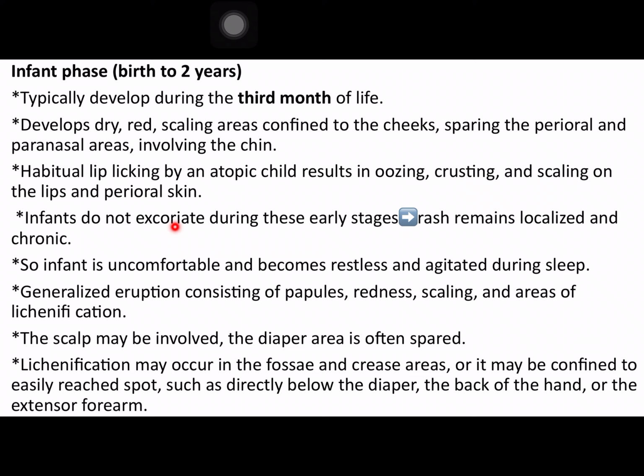An infant cannot excoriate, so the lesion remains localized to the site involved, and it is chronic. As the child cannot excoriate, we see the child uncomfortable, restless, and agitated during sleep. There may be a generalized eruption, whether papules, redness, scaling, or areas of lichenification. The scalp may be involved, but the diaper area is spared.